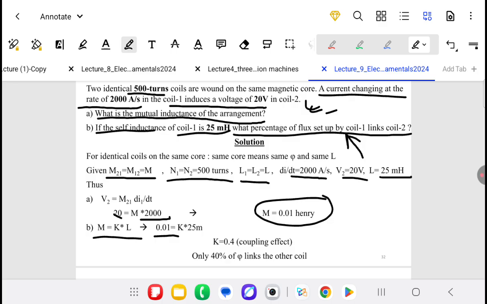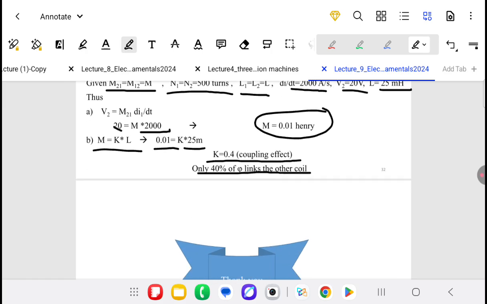Then K will be equal to 0.01 divided by 25, and we obtain a K value of 0.4, which is the coupling effect between the two coils. This means that 40% only of the flux links the other coil at the other side.